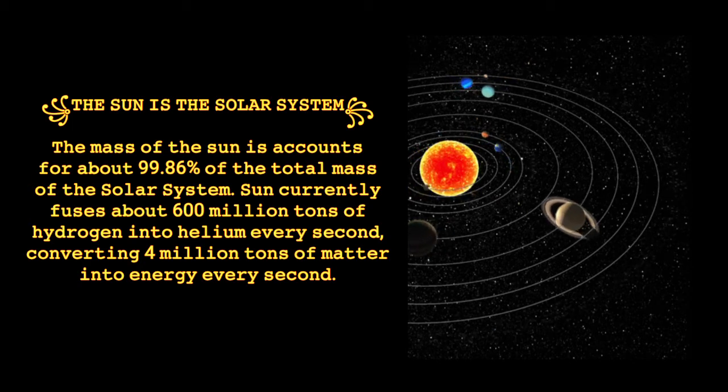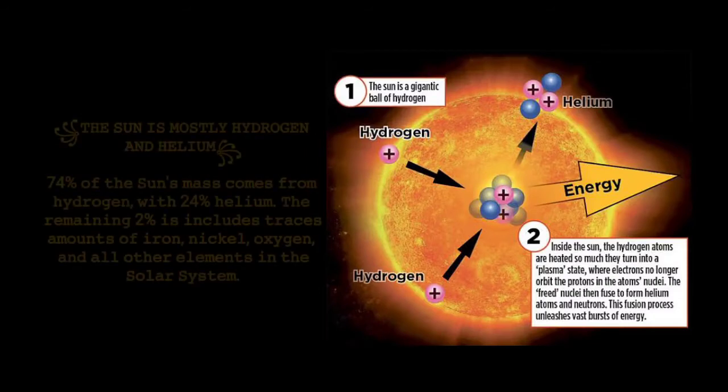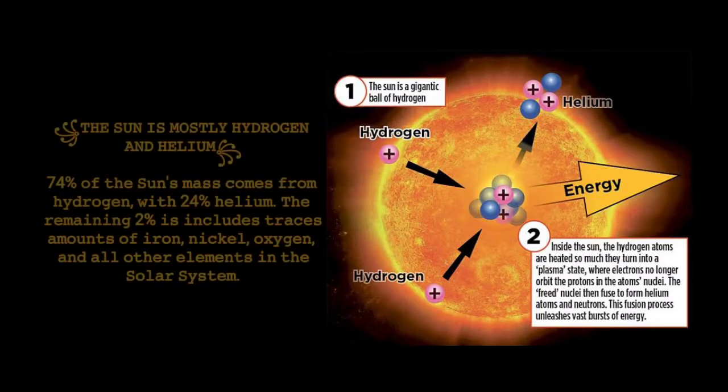The sun currently fuses about 600 million tons of hydrogen into helium every second, converting 4 million tons of matter into energy every second. The sun is mostly hydrogen and helium.